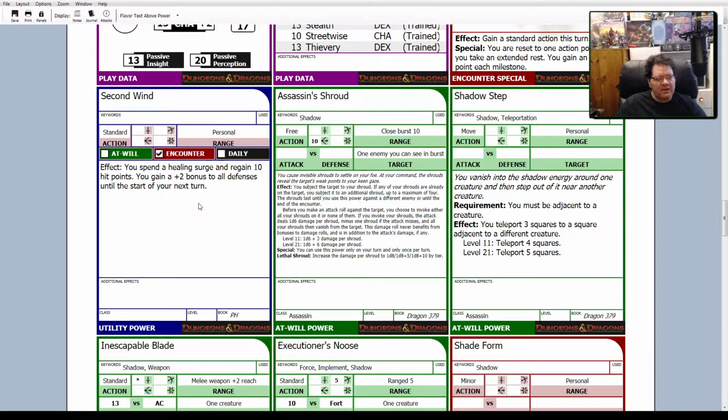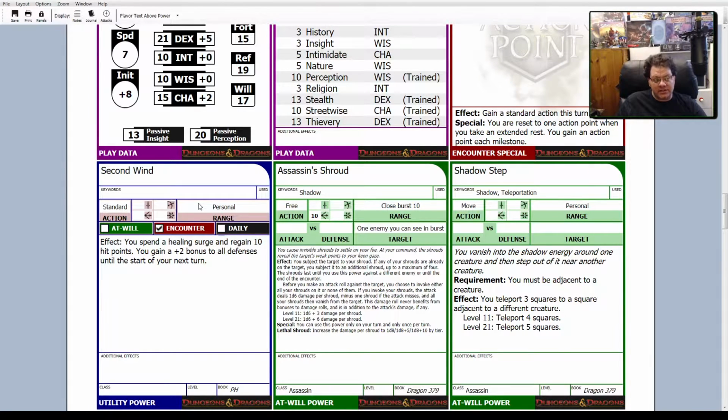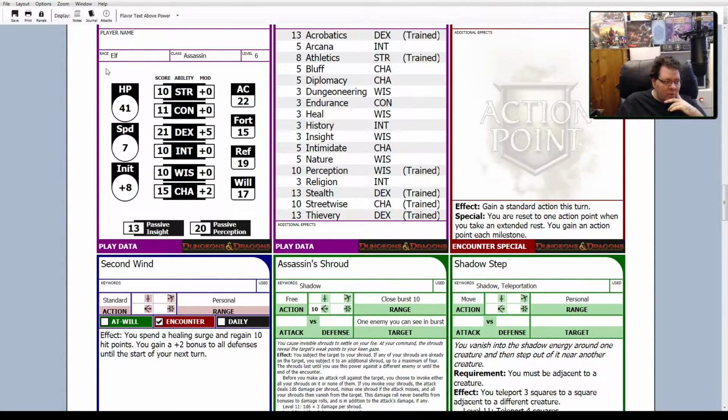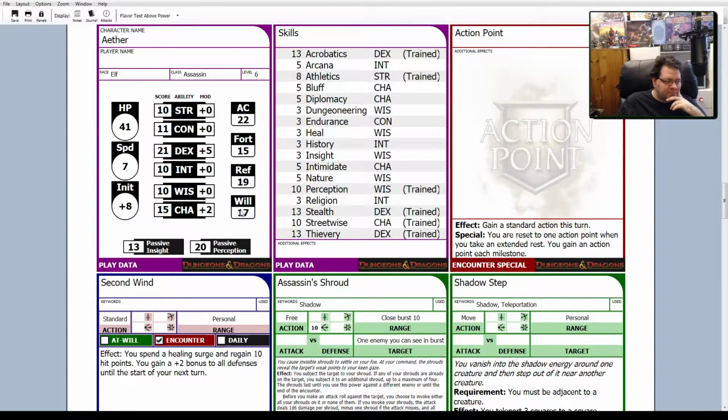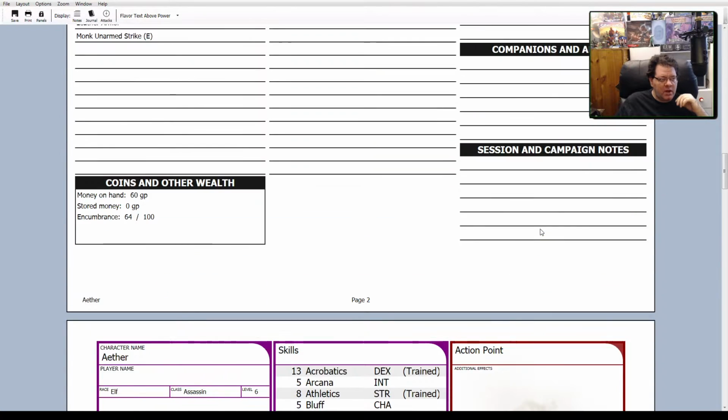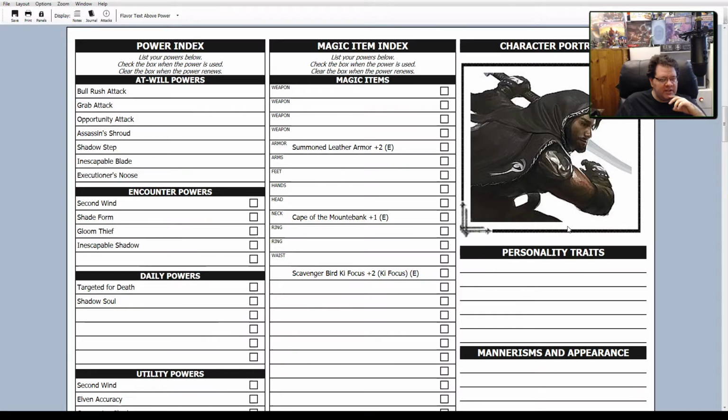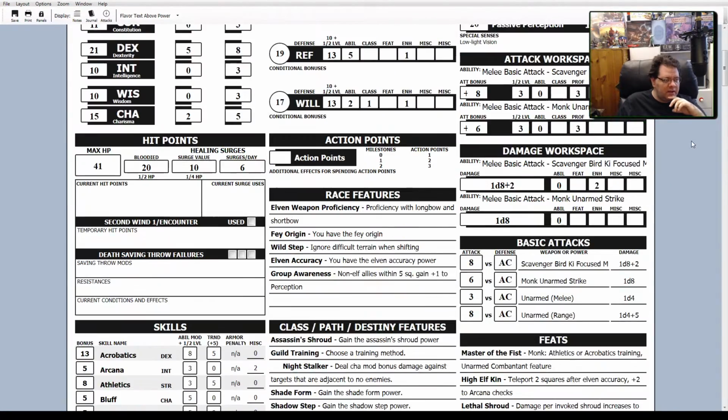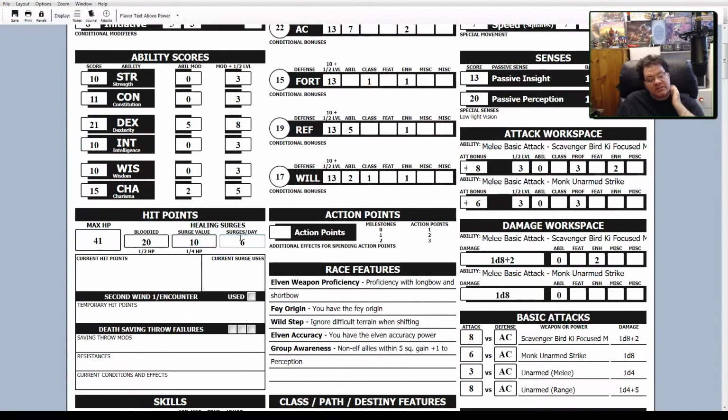So second wind was just something you could use once per encounter, and you do a thing called spending a healing surge. The way you healed is you had a set number of healing surges. If I go up to my first sheet, it'll actually tell me. So I have 6 surges a day, and my healing surge value is 10, because it's always a quarter of your hit points.